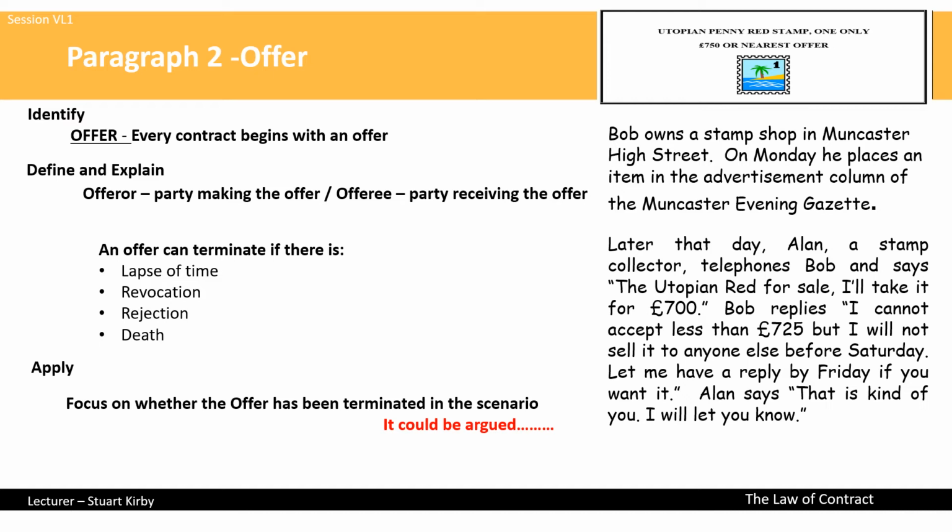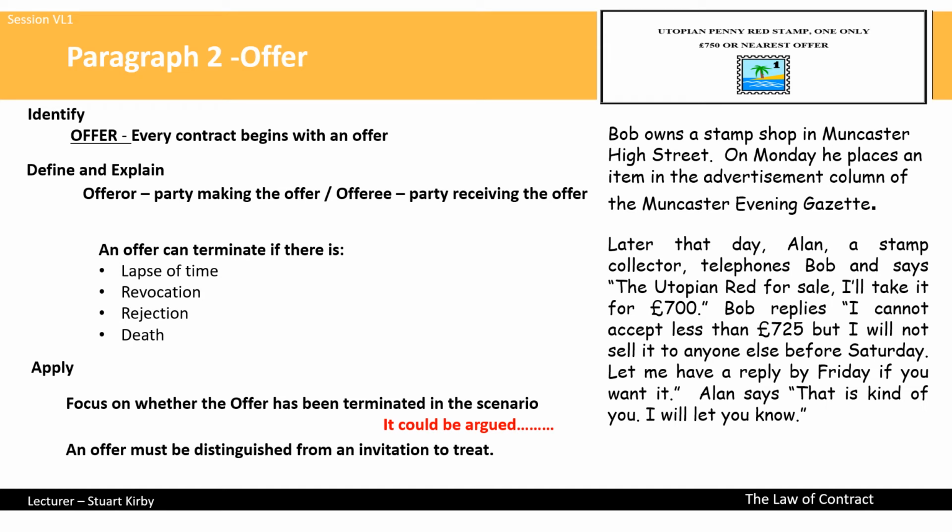So it's very important you do that. And using the phrase "it could be argued" means that you're arguing from a certain point of view, but you're not actually making your final argument or your final conclusion yet. You'll do that at the very end. So that's paragraph 2. Now let's look at paragraph 3.